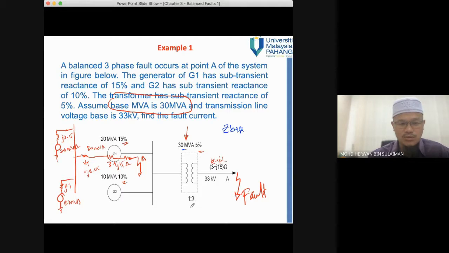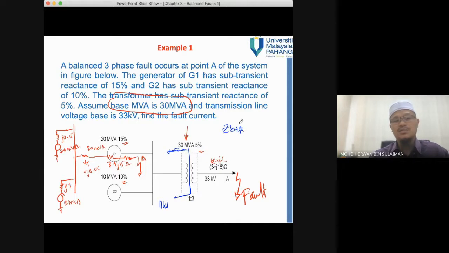So you tahu lah, so you transformer one step up to 3, right? Meaning that this low voltage ni berapa? 33 bagi 3, 11 kV lah. Dekat lower voltage is 11 kV. High voltage is 33 kV. And then kita guna 30 MVA.